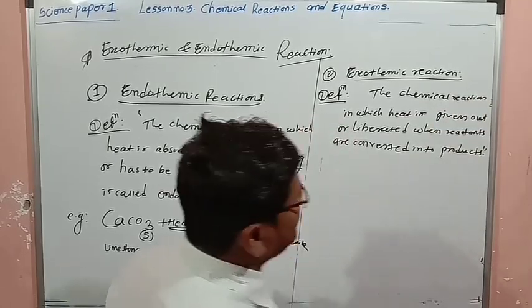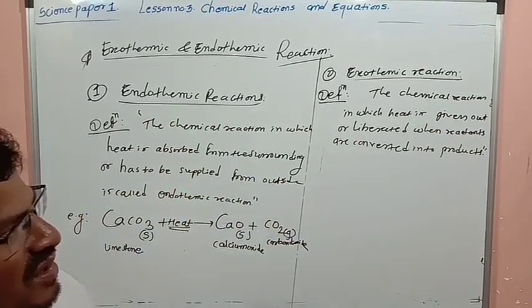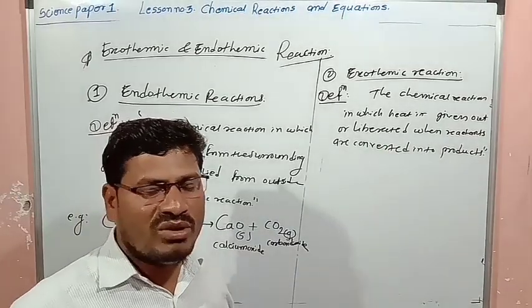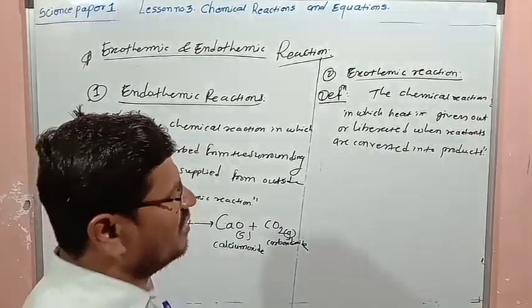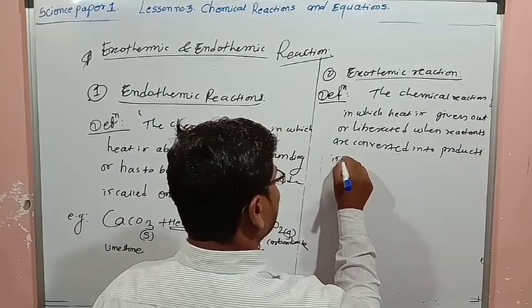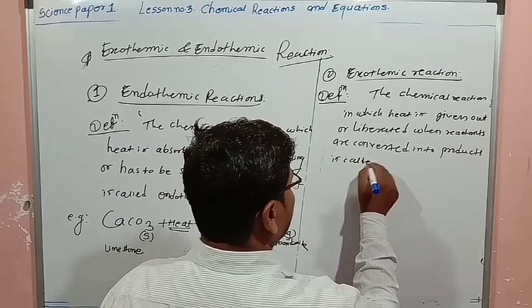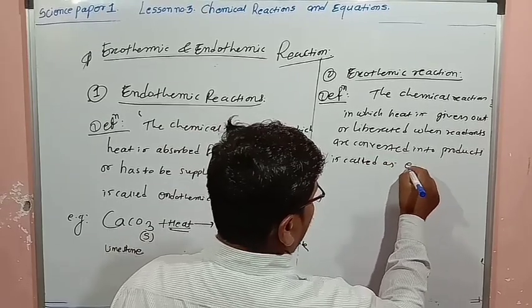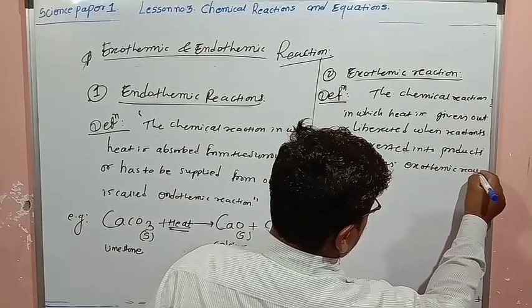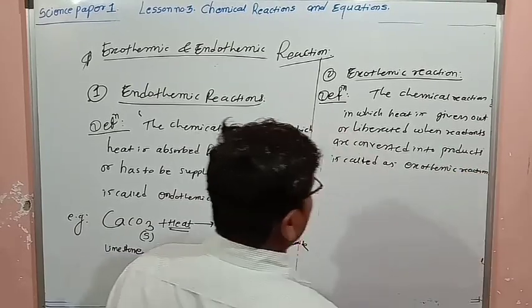When reactants are converted into products, a chemical reaction is taking place, but heat is given out or liberated. It is called an exothermic reaction.